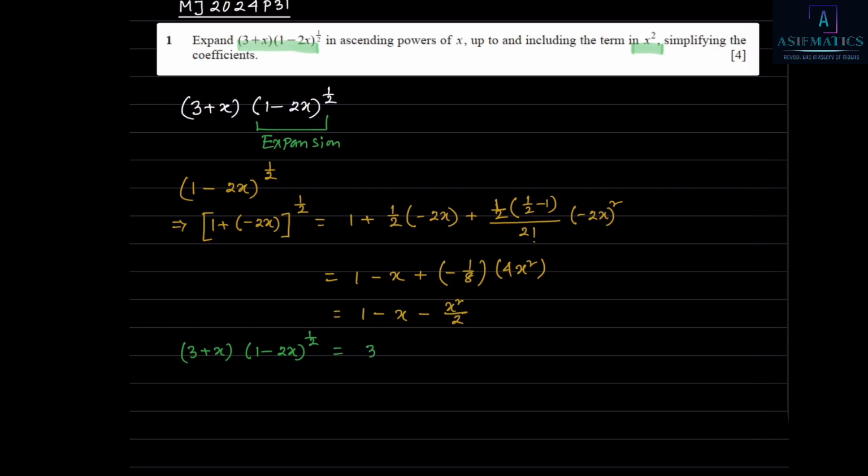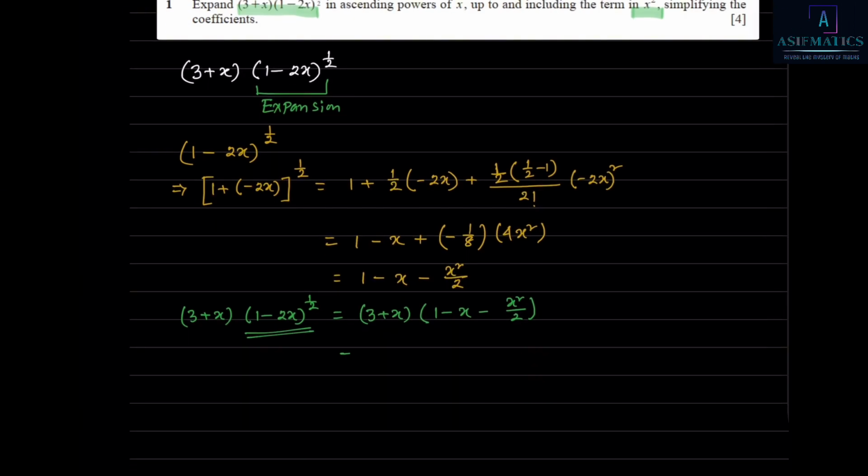That will be (3 plus x), and this expansion is (1 minus x minus x square by 2). Instead of this expression, we write the expansion, and now we can simplify. That is 3 minus 3x minus 3x square by 2 plus x minus x square minus x cube by 2.